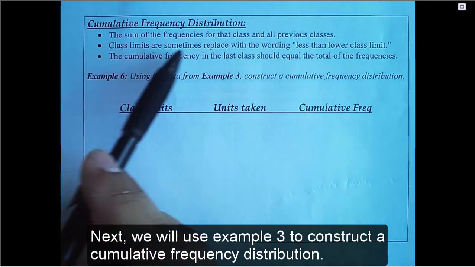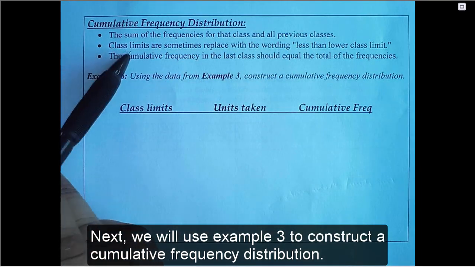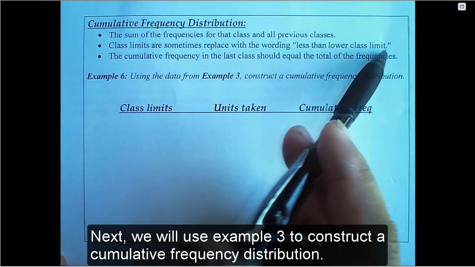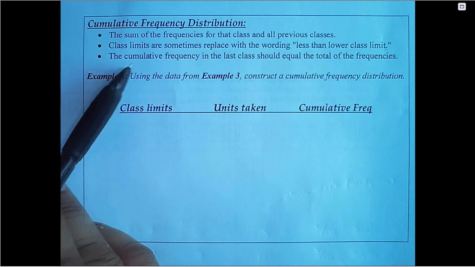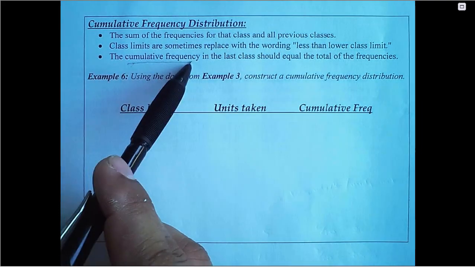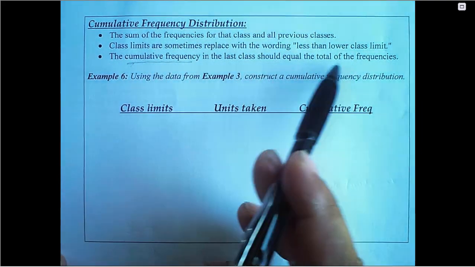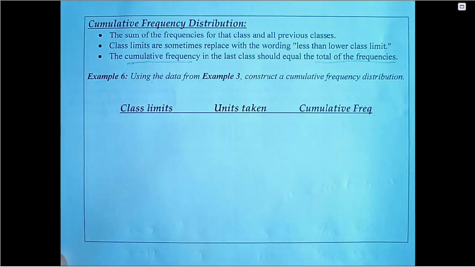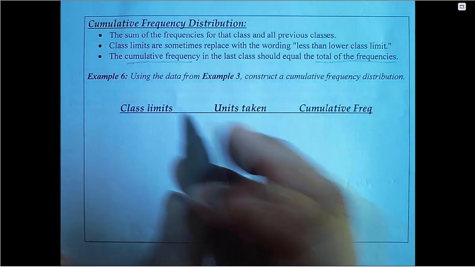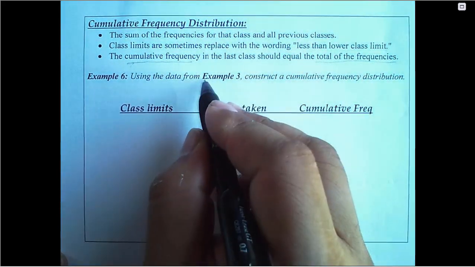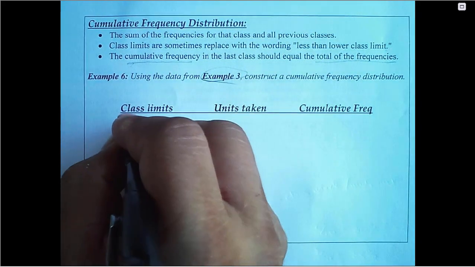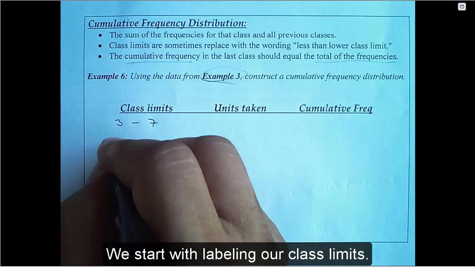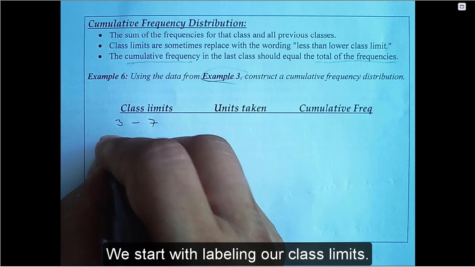Next, we will use example 3 to construct a cumulative frequency distribution. We start with labeling our class limits.